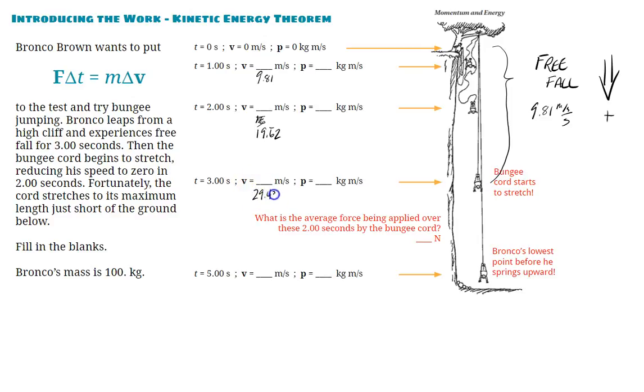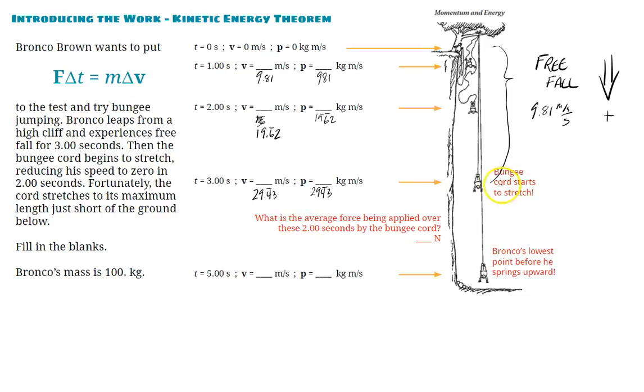Excellent. Now, the momentum, remember, is just the mass times the velocity, so we're going to go 100 times that, 100 times this. Let's see, 962, there we go. And 2943 with the sig fig bar above the 4 right there.